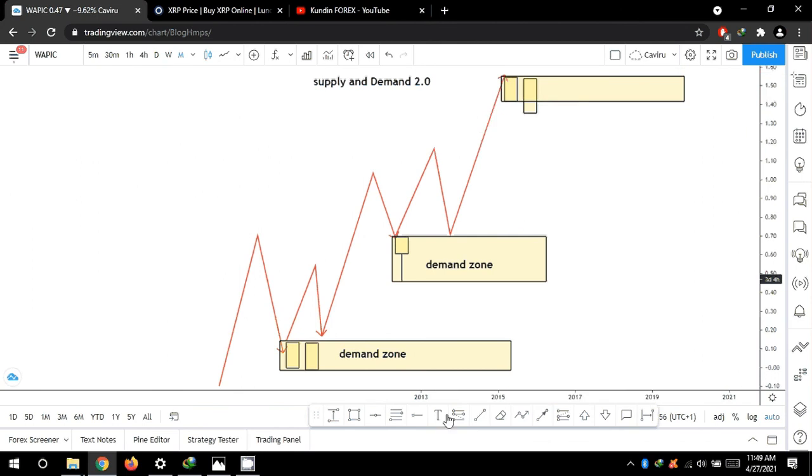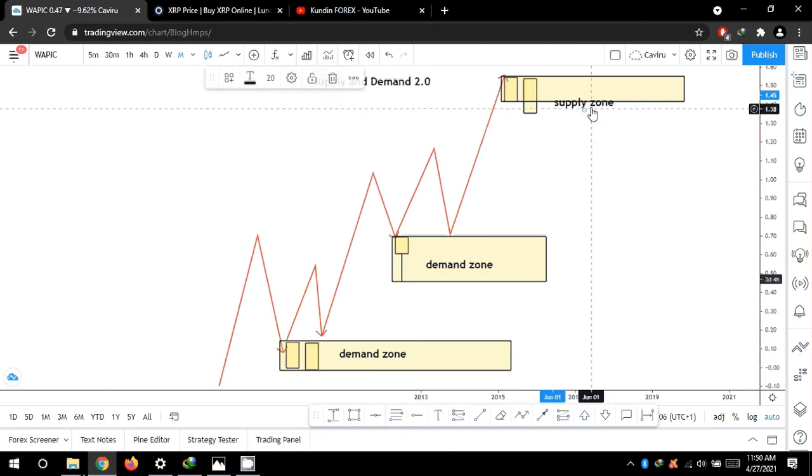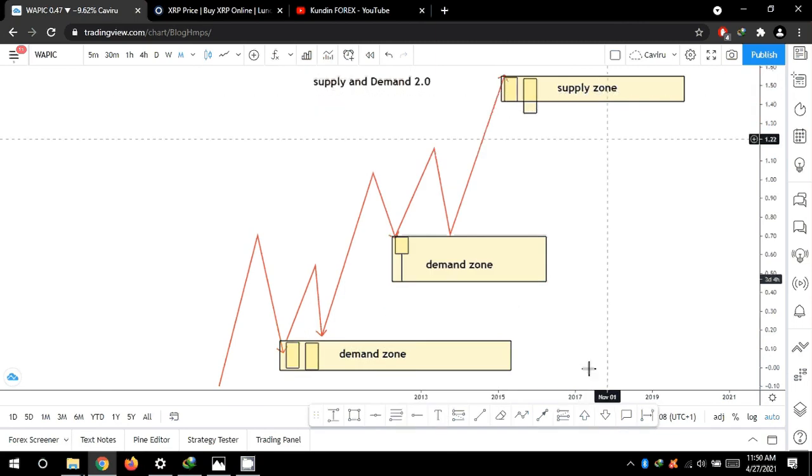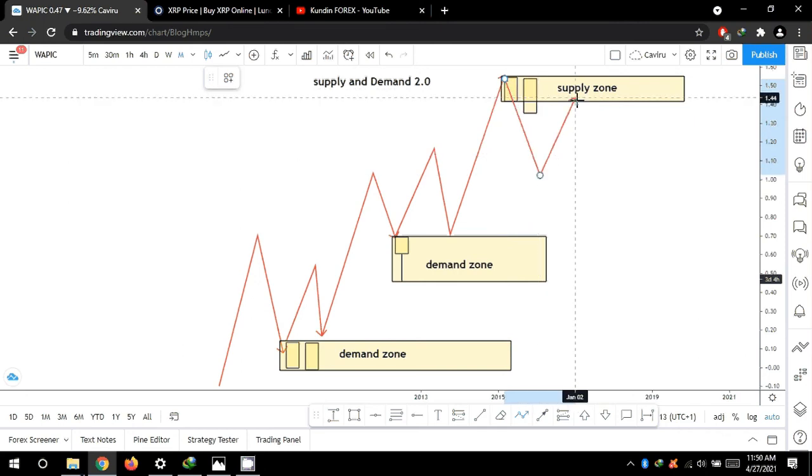This is our supply. No, this time it's not demand, it's supply. Supply zone. So let's have a scenario where it breaks, comes down, then goes up, tests our supply zone, then boom, it came down to the demand zone.